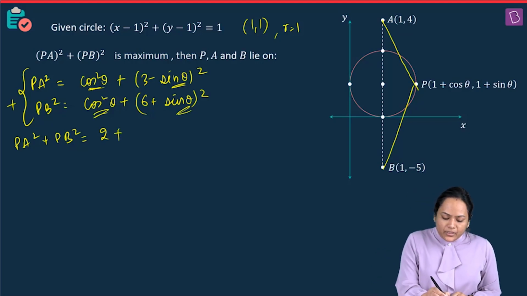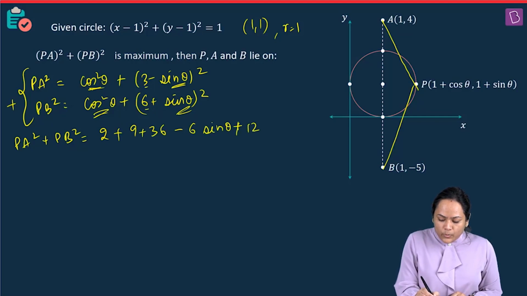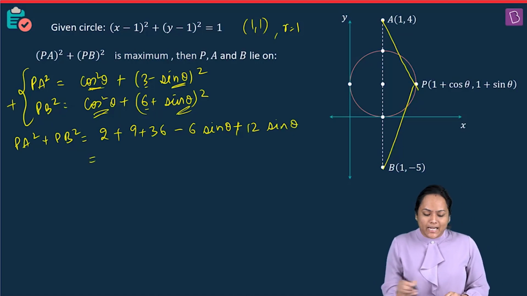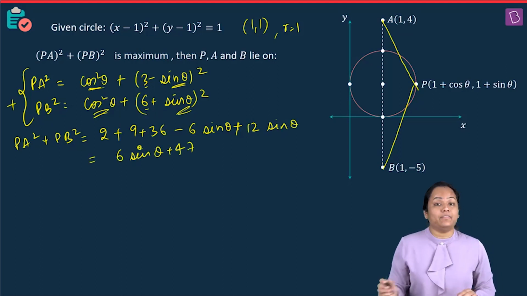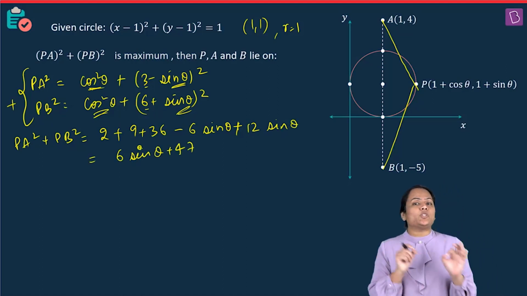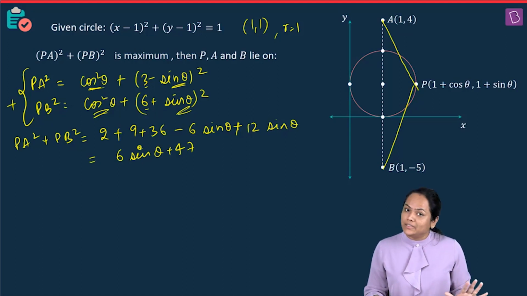And then I'll have 3 square plus 6 square. So that is 9 plus 36. And I'll have minus 6 sin theta plus 12 sin theta. So finally, I can say that it's going to become 6 sin theta plus 47. This is the value of PA square plus PB square, right?